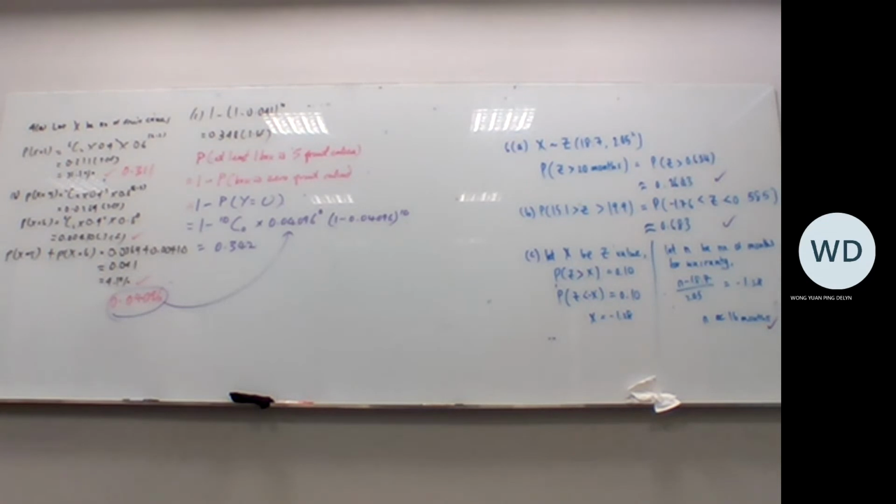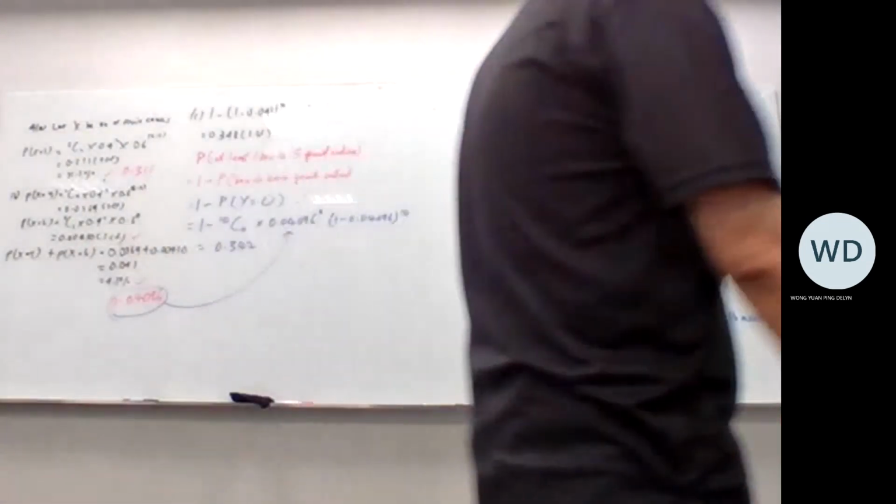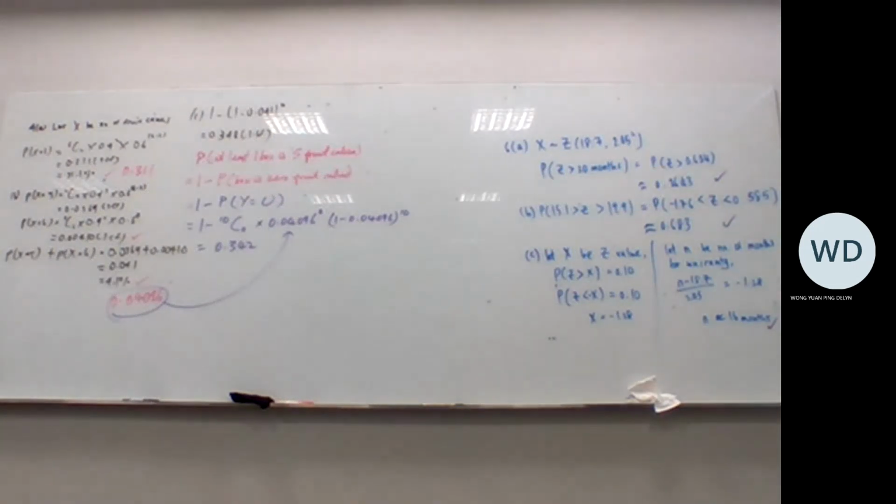Which one? 5A. 5A is 0.159. Okay, so yes, that's how all the maths that you need to clear.